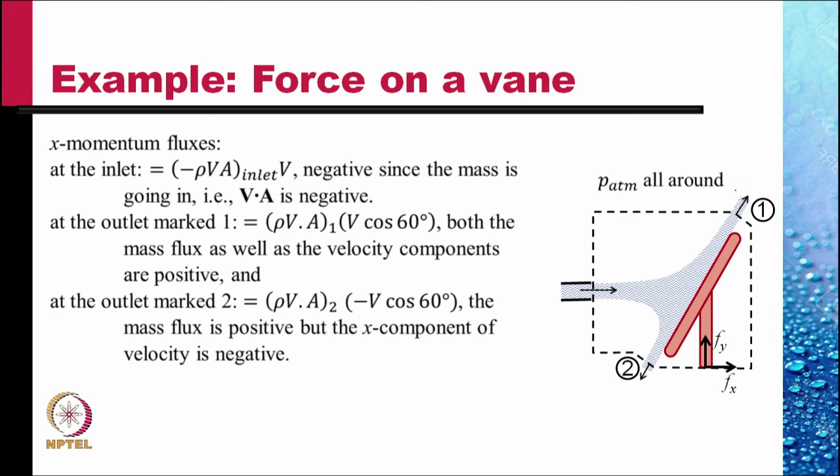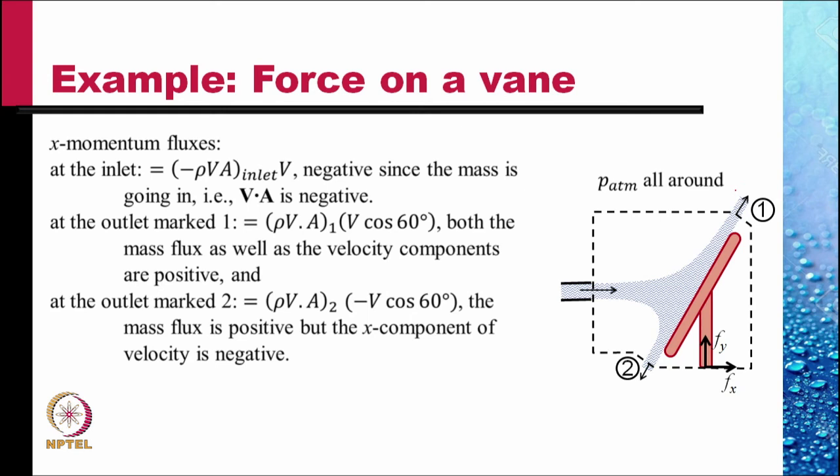At the outlet marked 2, rho VA, the mass flux is positive, it's coming out, but the x component of velocity is negative, minus V cosine 60 degrees.